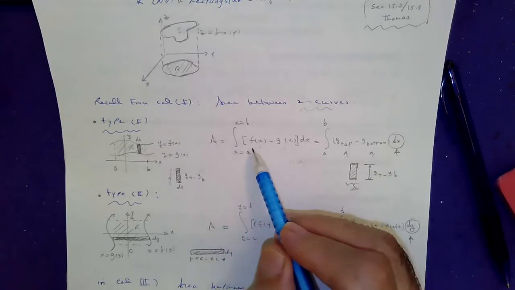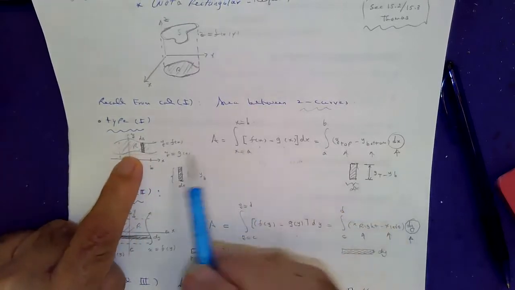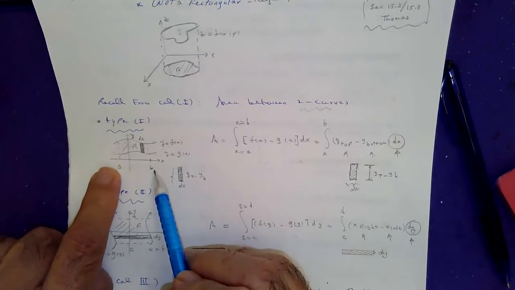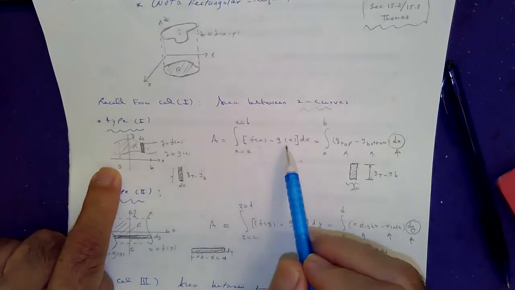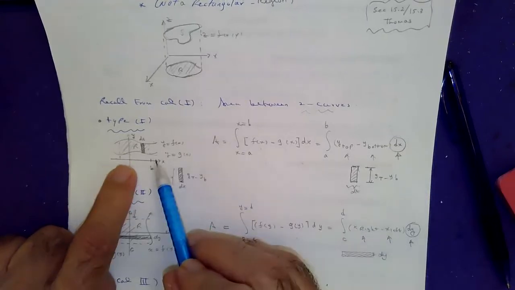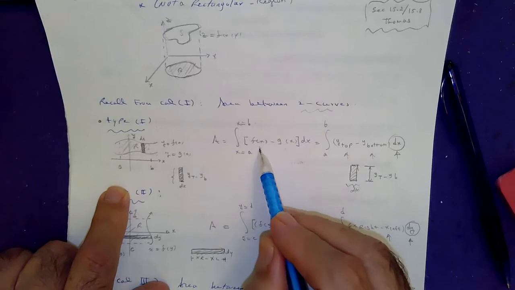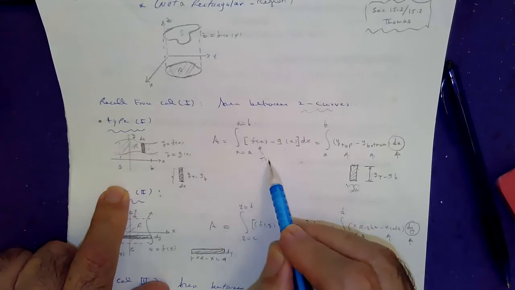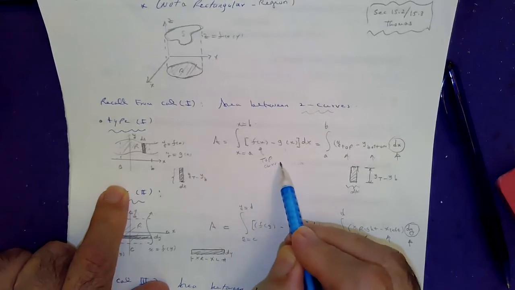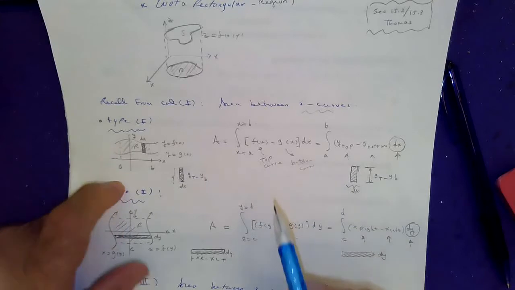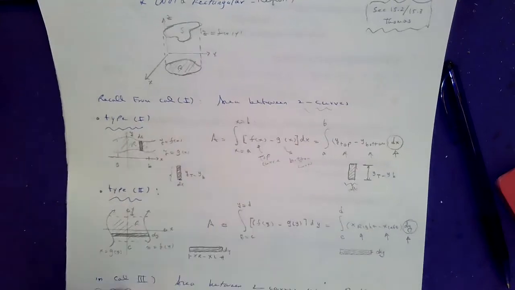So the area of the region trapped between these two curves is the integral of f of x minus g of x as x goes from a to b, dx. Remember, this is the top curve, and this is the bottom curve. So that's top minus the bottom times dx.